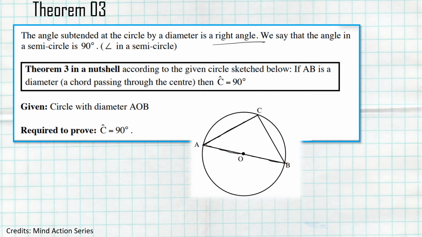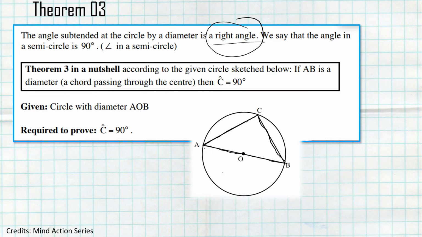So your diameter will subtend an angle that will be a right angle at the circumference, only at the circumference, right? We don't want you to come and tell us that this is a right angle here, because it's totally incorrect. It's not at the circumference.